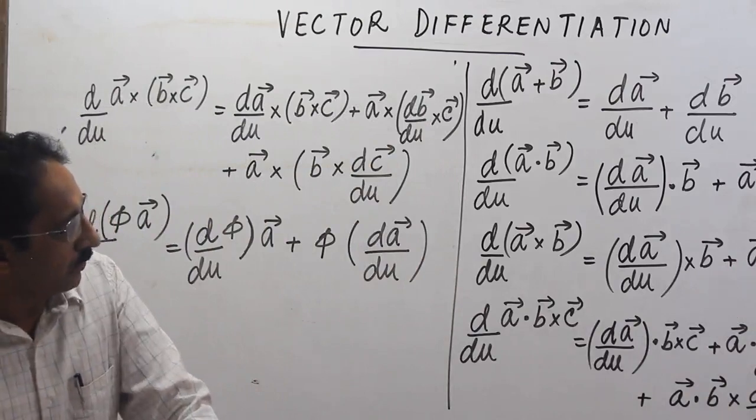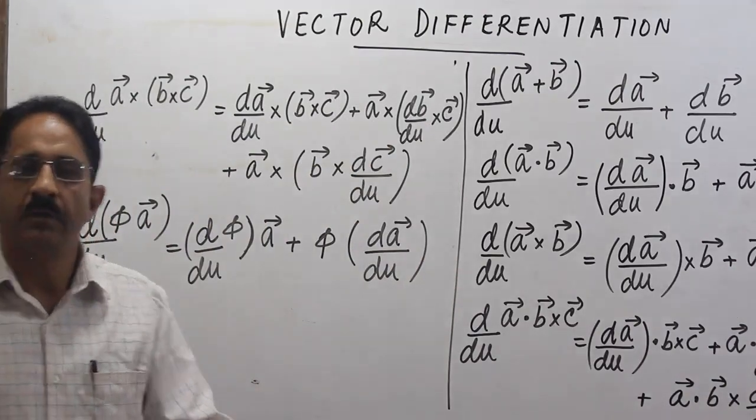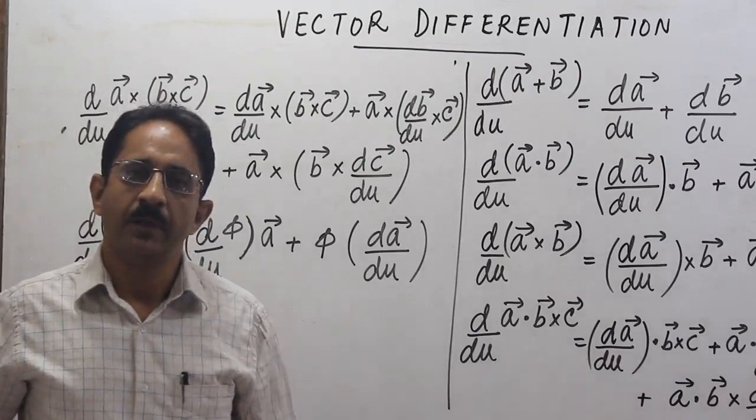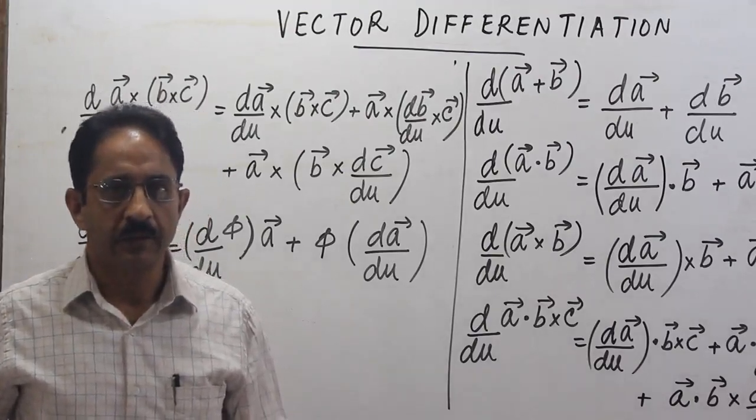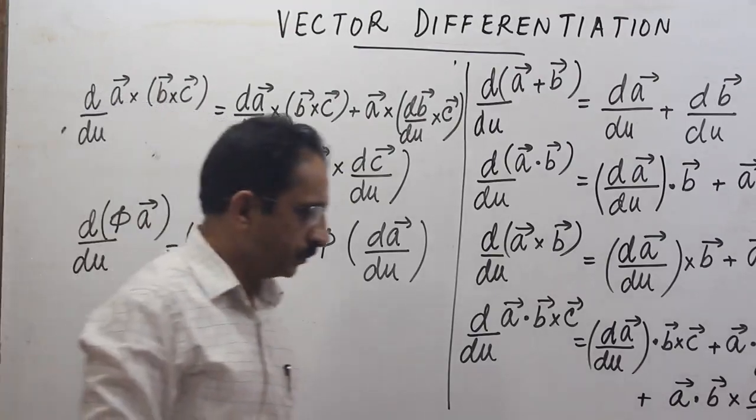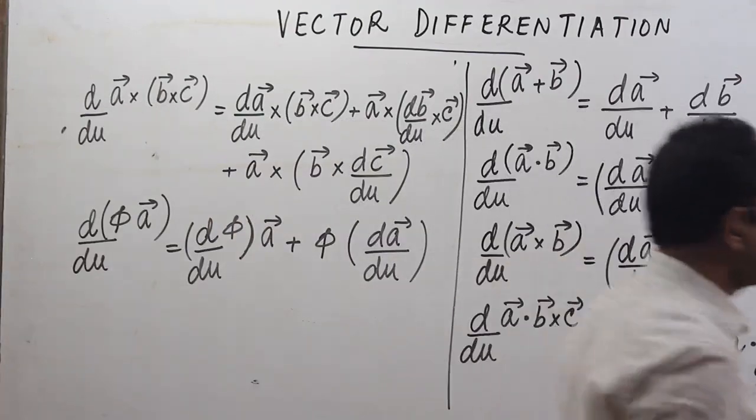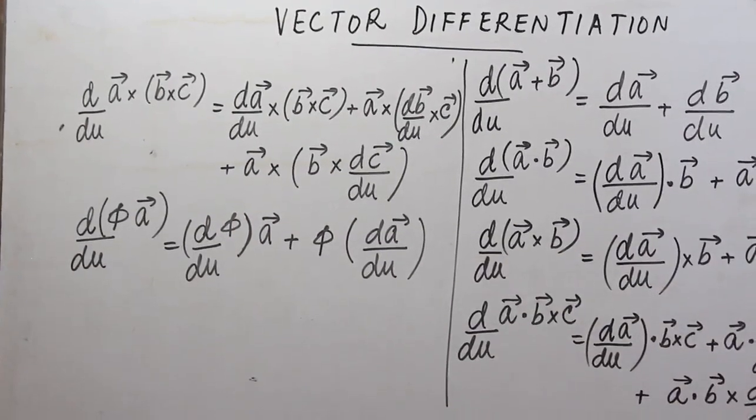So earlier we have talked about the process of continuity and differentiability. Let's see how that property works in case of vectors as well.